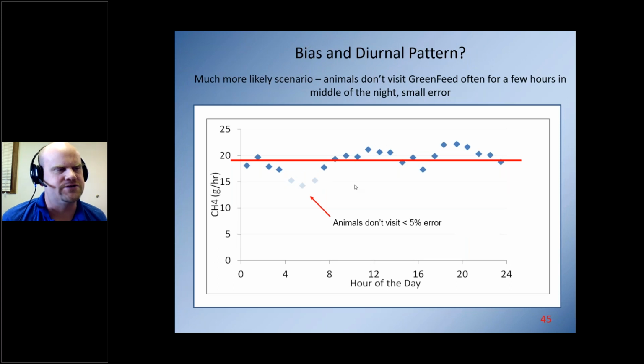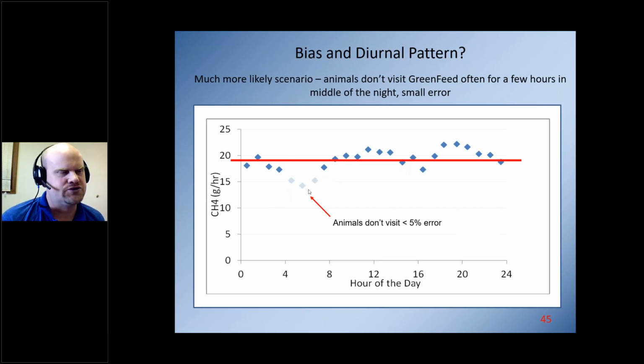A more likely visitation structure is they don't really coordinate and they visit GreenFeed when they can get a treat every 4 to 6 hours, depending on how you set the feed settings. But at night, maybe they don't visit the GreenFeed as often because they're resting.